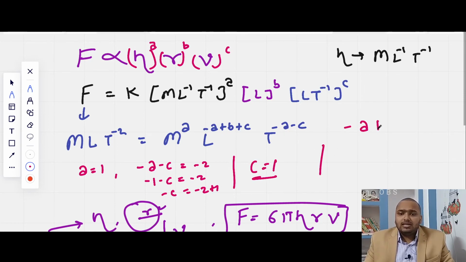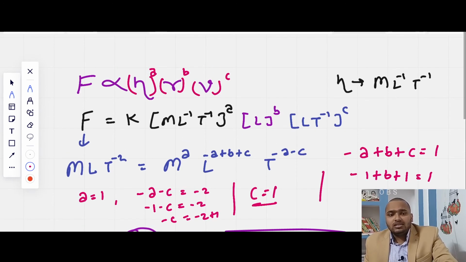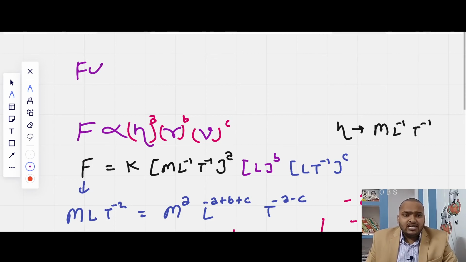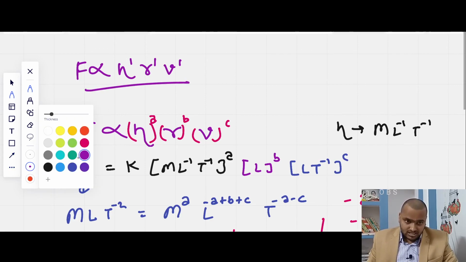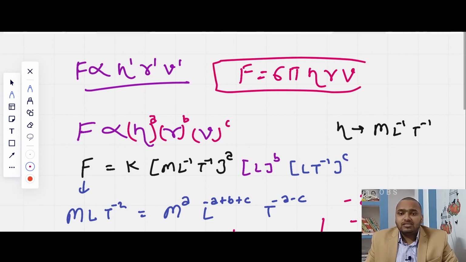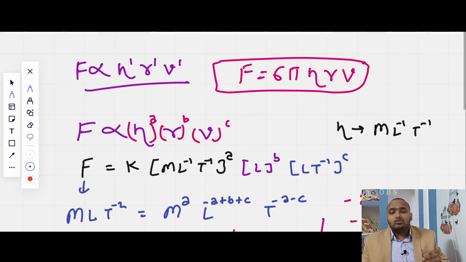Now putting in minus a plus b plus c equals 1, we have 1 minus 1 plus b plus 1 equals 1, so b equals 1 also. Putting all these relations, F is directly proportional to eta to the power 1, r to the power 1, and v to the power 1. For a sphere, the proportionality constant is 6 pi. So we have 6 pi eta r v. This is the viscous force acting on a sphere when it falls through a fluid.